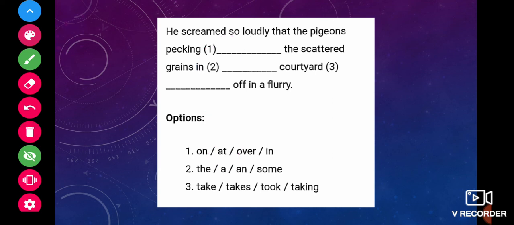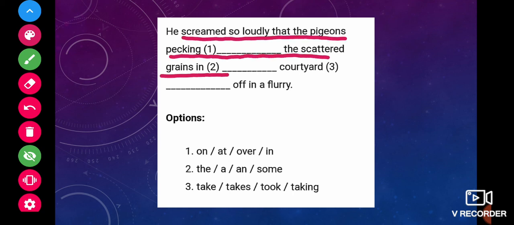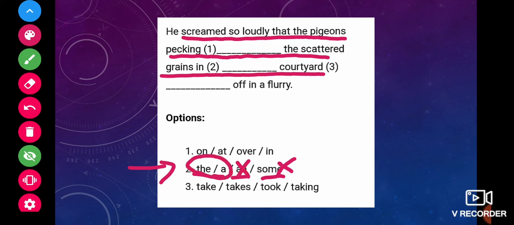Let us move ahead. "He screamed so loudly that the pigeons pecking at the scattered grains in dash courtyard." Now these are the options: the courtyard, a courtyard, an courtyard, some courtyard. Now we know some courtyard is not possible, an courtyard is not possible. We have these two options, the and a. Now if you look at the paragraph, he screamed so loudly.